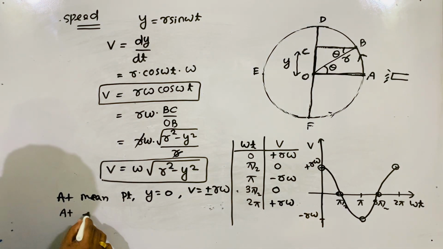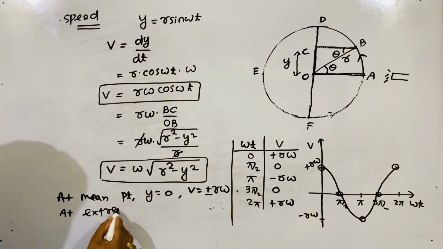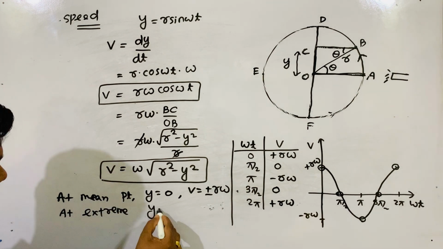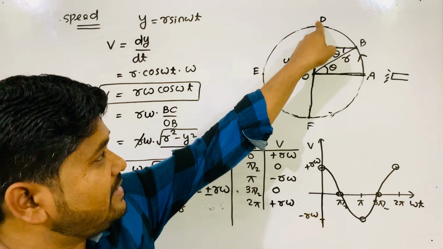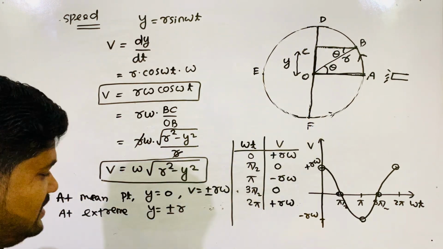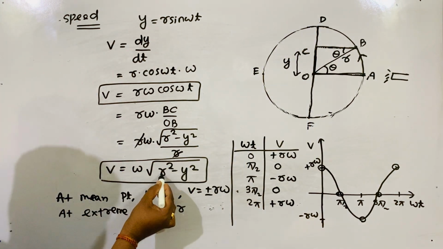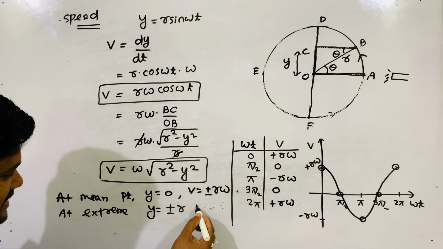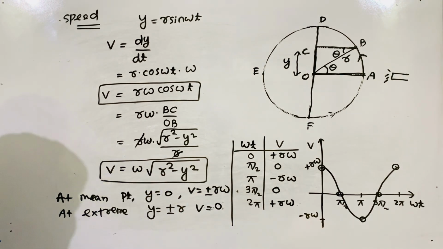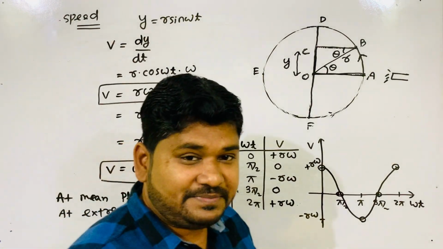But at extreme position, y is equal to plus or minus r. The extreme position y may be plus r, y may be minus r. You put it there: r square minus r square cancel, so v is equal to 0. So what did you get here?